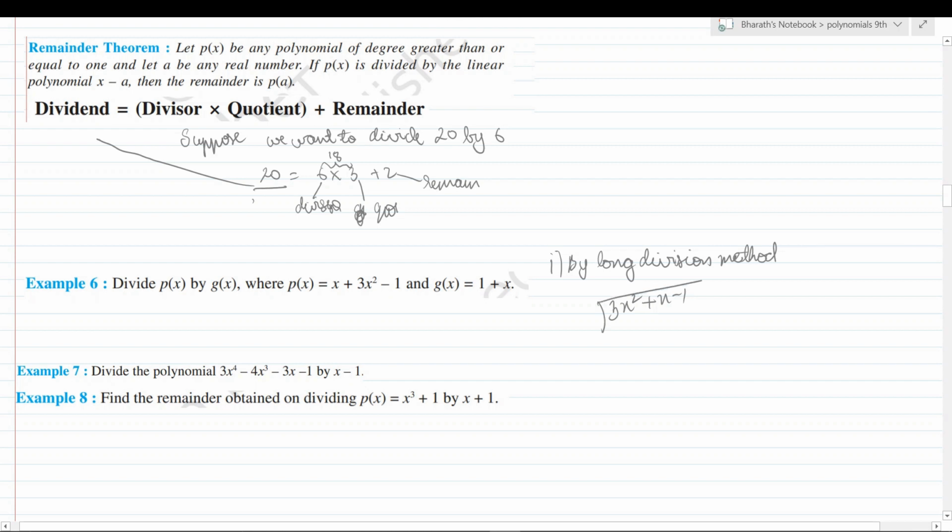Now when you're dividing it by 1 plus x, this also you have to rearrange. So you just have to write this as x plus 1, because we always have a tendency to go from left to right. So while dividing, you have to make this coefficient and the variable same, so we have to multiply it by 3x. So you get 3x square here and plus 3x.